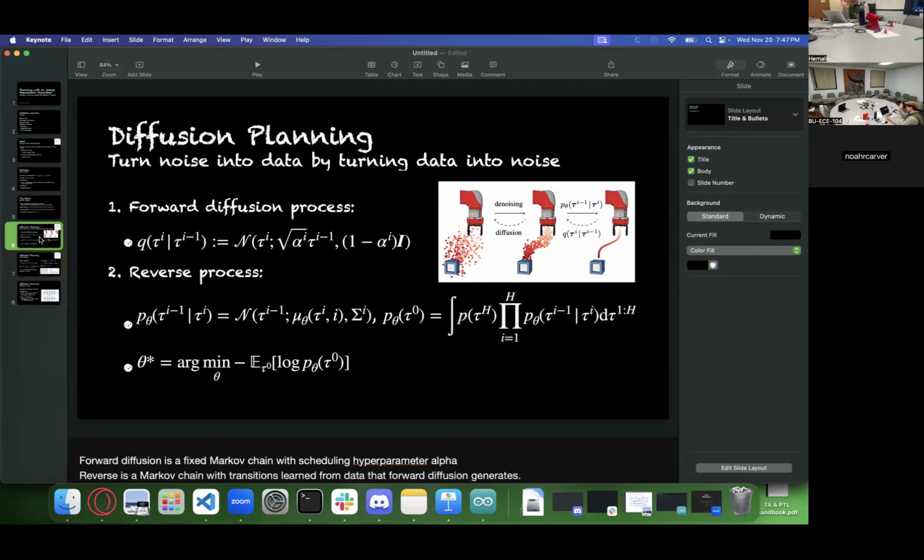But in diffusion planning, the core paradigm of it all is to turn noise into data by turning data into noise. We start with a data set of clean data, and this forms a distribution, essentially, of trajectories.